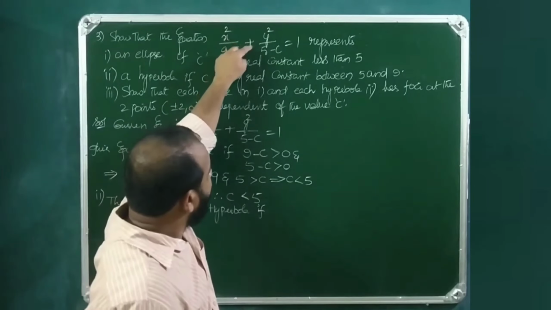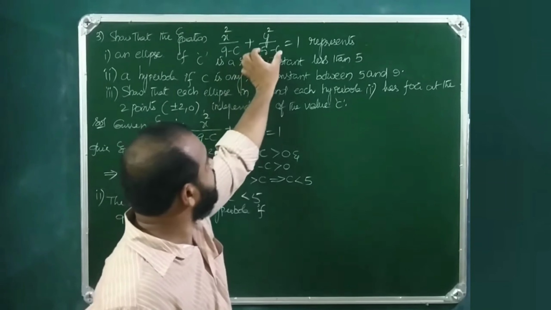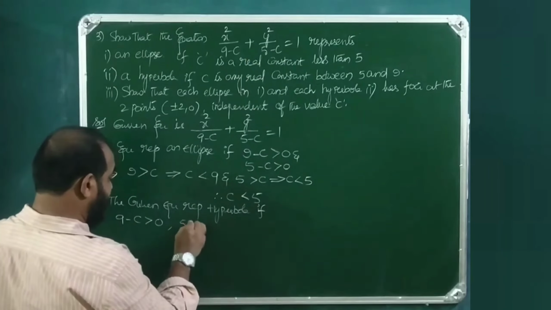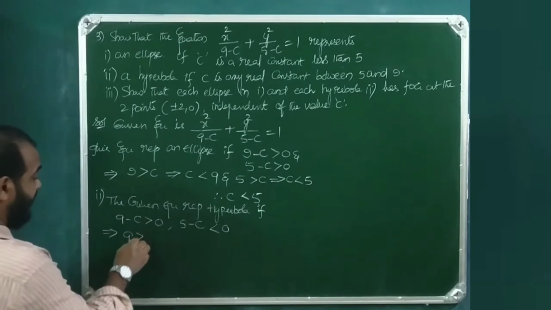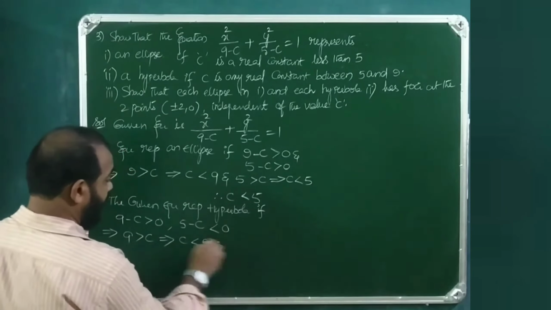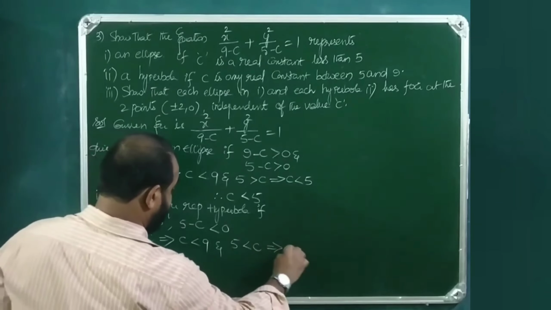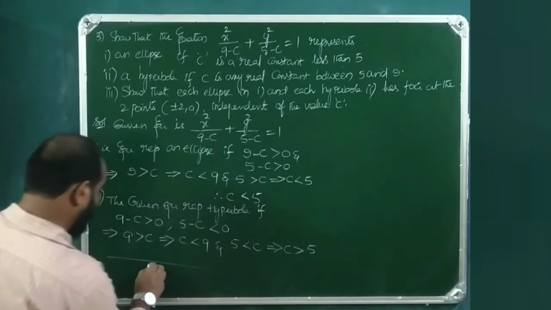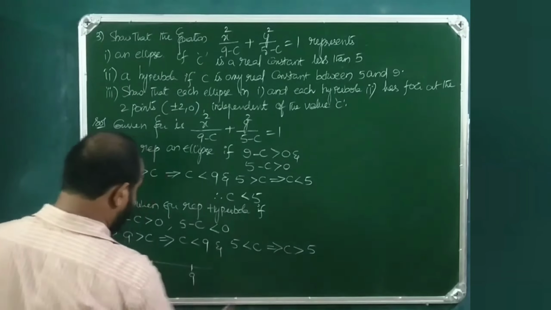This is y square by b square with a minus sign, which means 5 minus c should be less than 0. So 9 is greater than c, or c is less than 9, and 5 is less than c, or c is greater than 5. That means this is 5 and this is 9. So c is greater than 5.